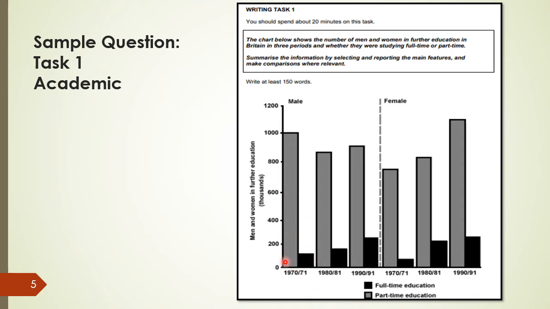And from this information you can see that the number of full-time students in Britain between these years has always been smaller than the number of part-time students. Now what you have to do is, there's no right or wrong way. You can start from anywhere, but be careful that you write 150 words minimum.